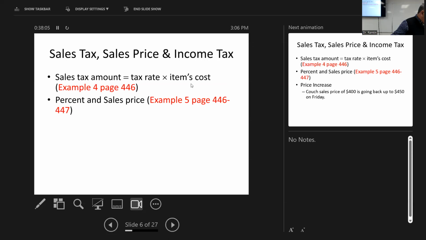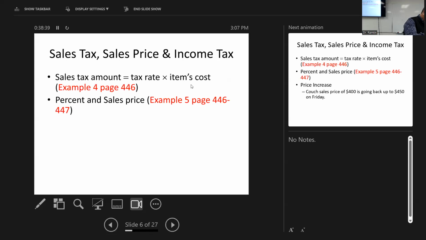It says, example 4, suppose that the local sales tax rate is 7.5% and you purchase a bicycle for $894. How much tax is paid? So you take the price of the bicycle, $894, and you multiply it by the tax rate, which is 7.5, and 7.5, you convert that to decimal.